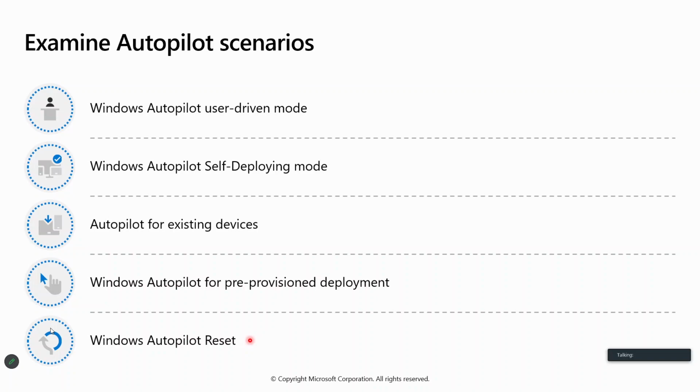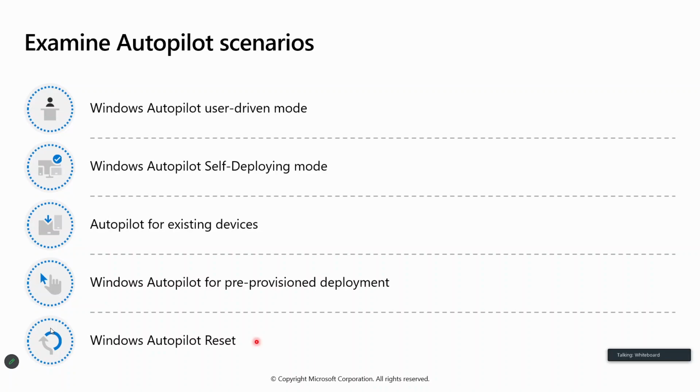So what's the difference between an autopilot reset and just a standard reset? With the standard reset, you haven't got your autopilot profile applied to it. So if you just reset a device, you could then go and use that device.